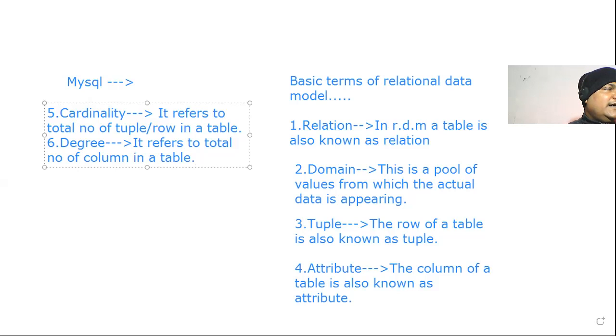On the other hand, it has roll number, name, and attendance. Three. Yes, that is 3. Degree means the total number of columns. So the degree is 3, and the cardinality is 5. Now coming back to the next topic.